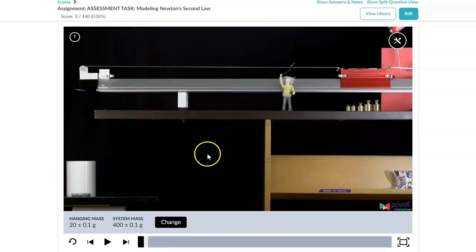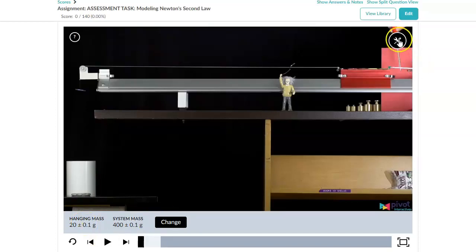What do we mean by the system mass? That is the mass of everything that's moving, including the hanging mass. So it's the mass of the glider, the string, and the hanging mass. The hanging mass is what provides the accelerating force.